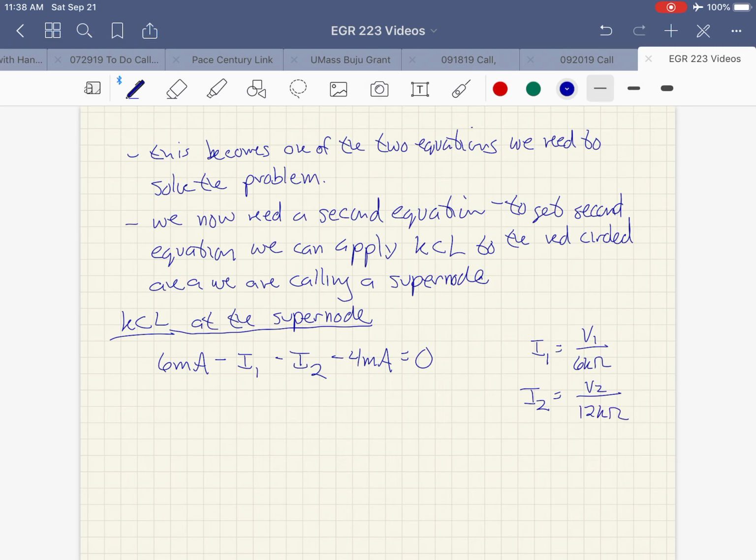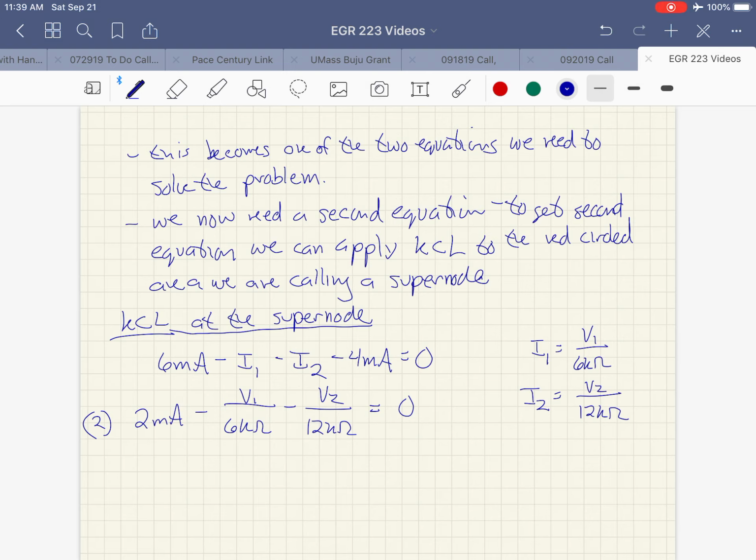Combine: we've got 6 milliamps minus 4 milliamps, that's a plus 2 milliamps, minus I1, which is V1 over 6K ohms, minus I2, which is V2 over 12K ohms, equal to 0. You can figure out how you want to solve this. This is your second equation now.